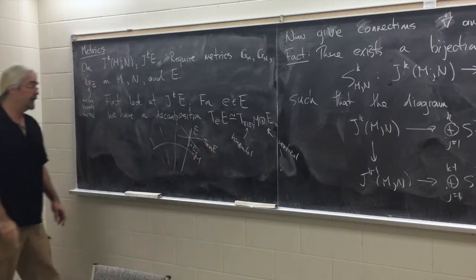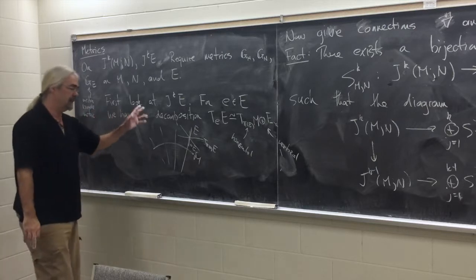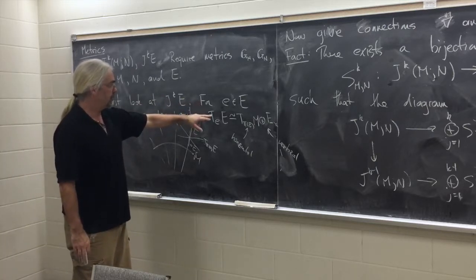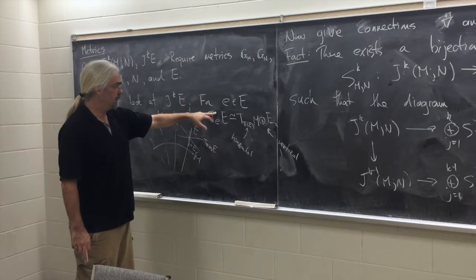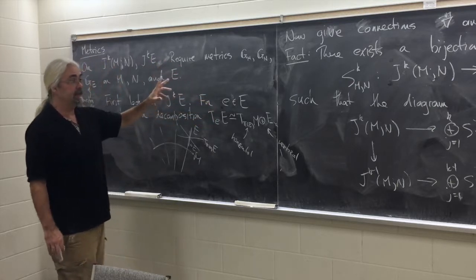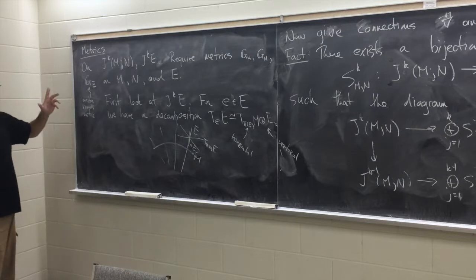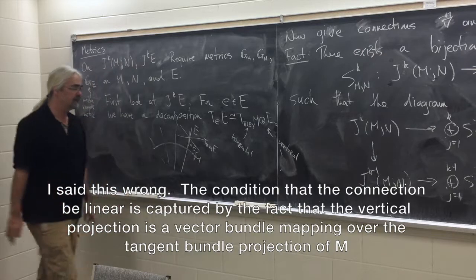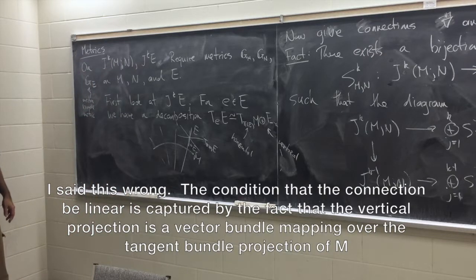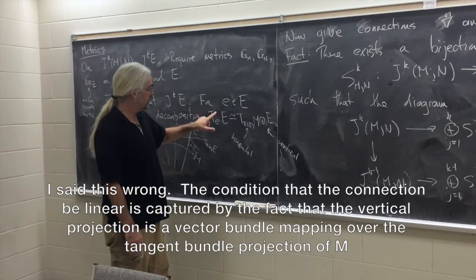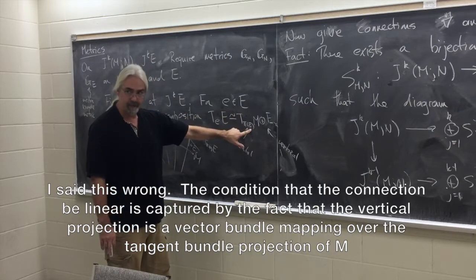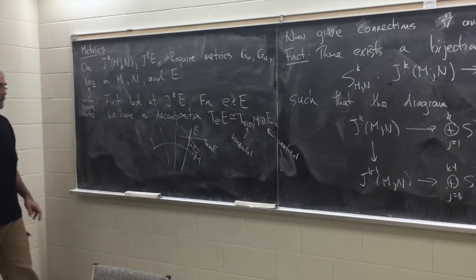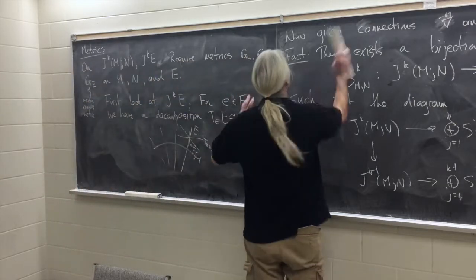And it's important here, but it's not the point. But let me just say that the fact that nabla^E is a vector bundle connection means that the mapping from here into the vertical component, the projection, is linear in e. Okay?